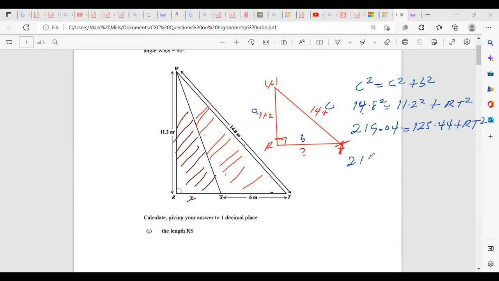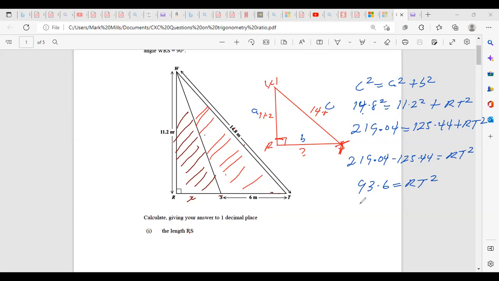So that'd be 219.04 minus 125.44 is equal to RT squared. Let's subtract and see what we get. 93.6 is equal to RT squared.